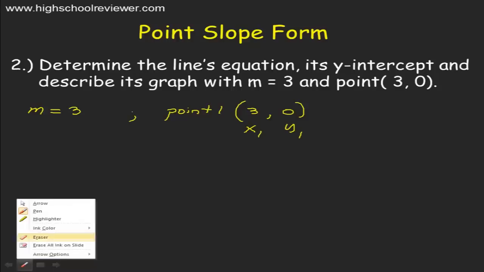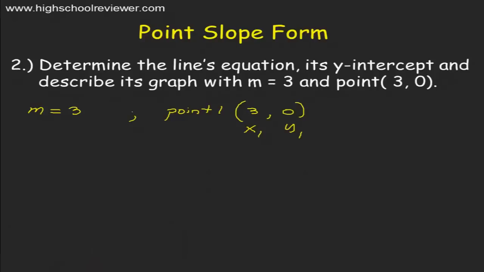And then we will use the point slope form equation. The point slope form equation is y minus y sub 1 equals the slope multiplied by the quantity of x minus x sub 1.